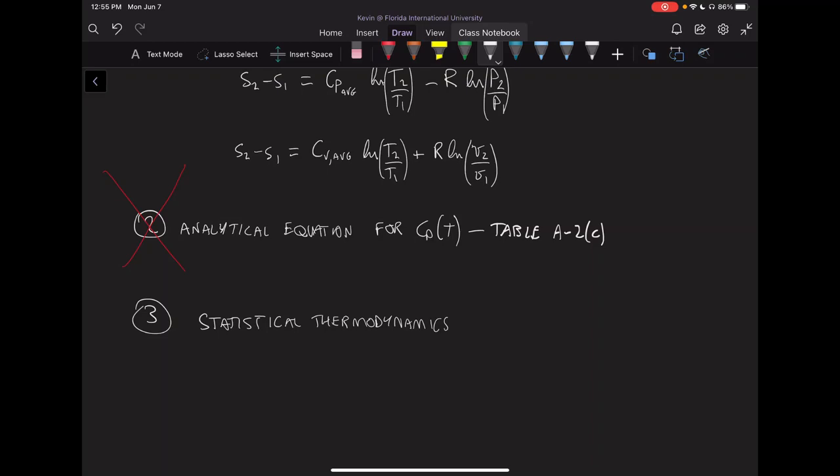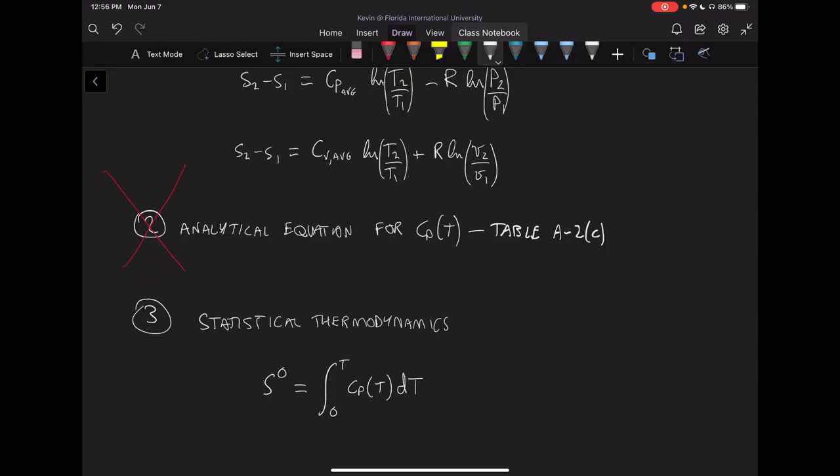So we create this new term called S0, and we can say that S0 from 0 to T is equal to the integral of Cp(T) dT over T. As a function of T, we can find an S0, a value for this integral, for every temperature. This is found experimentally, so experimentally we can find what the S0 would be to solve for this equation.